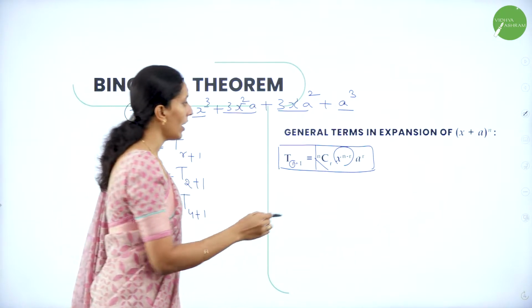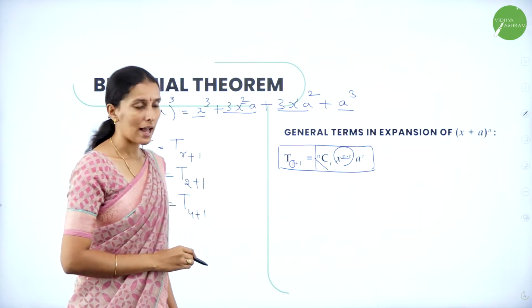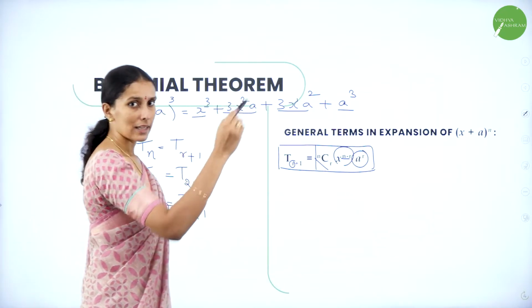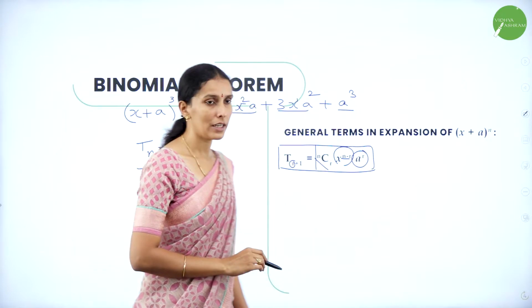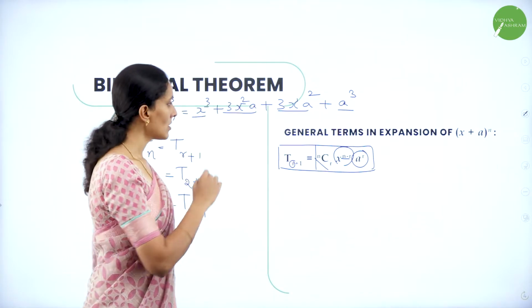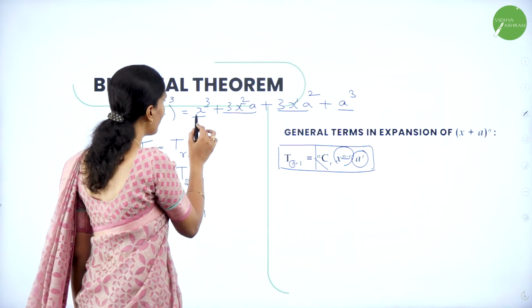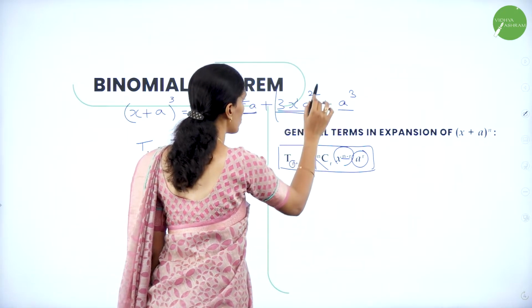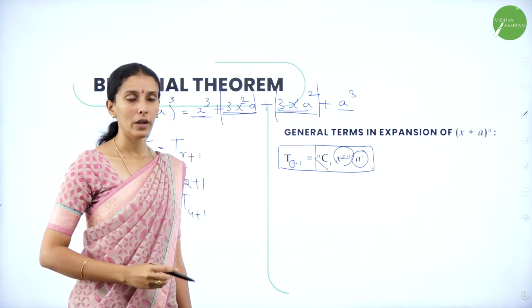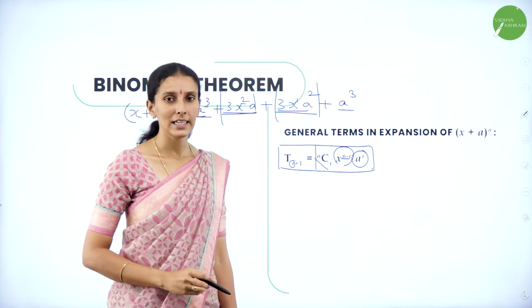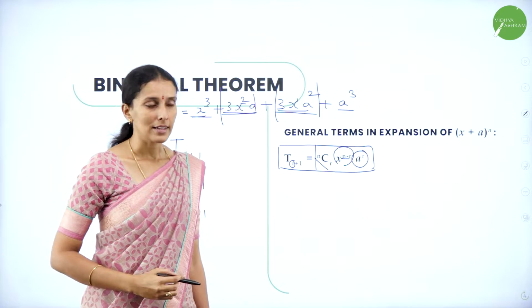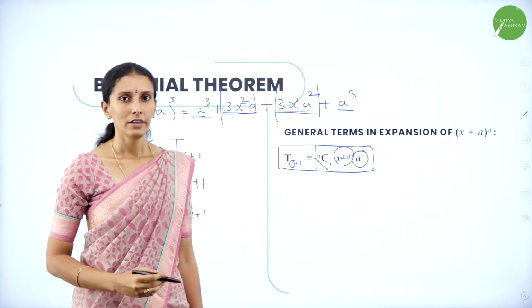In a similar way, it is in the form n minus r, and a power r. If you have power 3, the last term is a power 3. If you have r, then the last term is a power r. So, this is how the formula comes. Every term in the binomial expansion can be written in this form. Therefore, the formula is T(r+1) = nCr x power n minus r a power r.